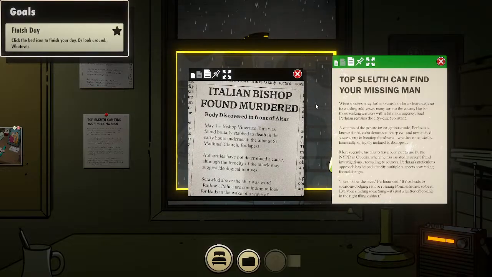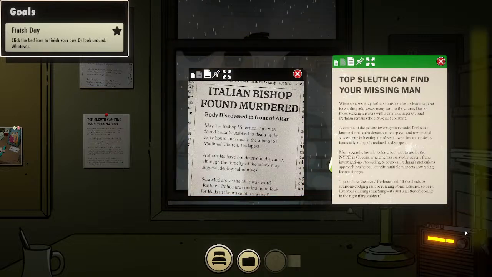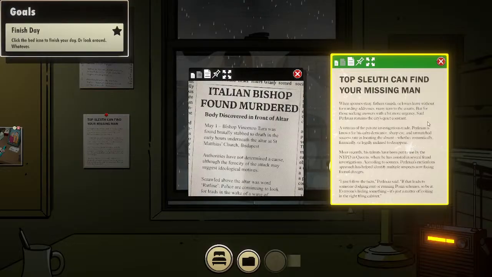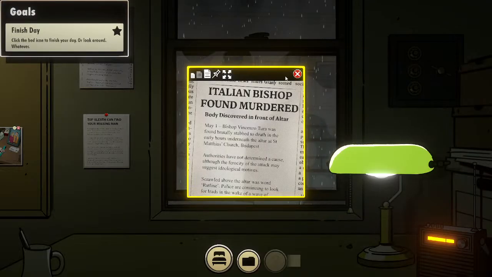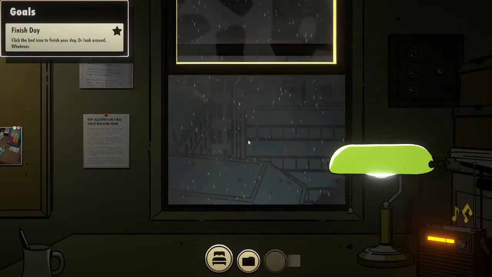More recently, his talents have been put to use by the NYPD in Queens, where he's assisted in several fraud investigations. According to sources, Perlman's meticulous approach has helped identify multiple suspects now facing formal charges. I just follow the facts, Perlman said. If that leads to someone dodging rent or running Ponzi schemes, so be it. Everyone's hiding something. It's just a matter of looking in the right filing cabinet. That's me. I'm that guy.